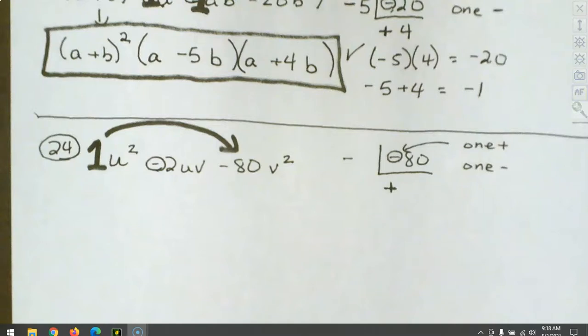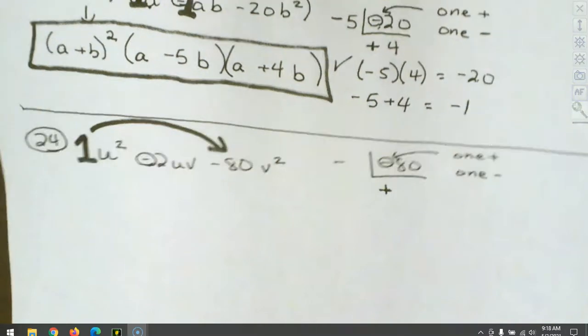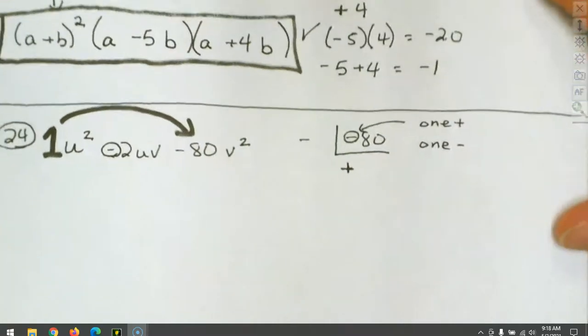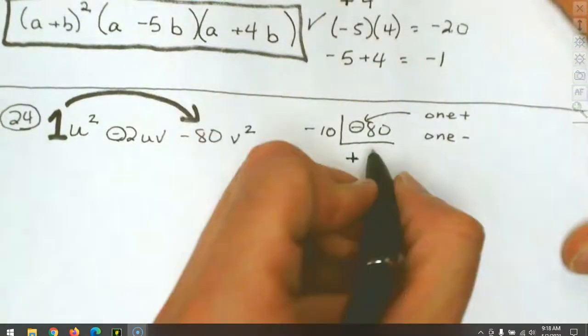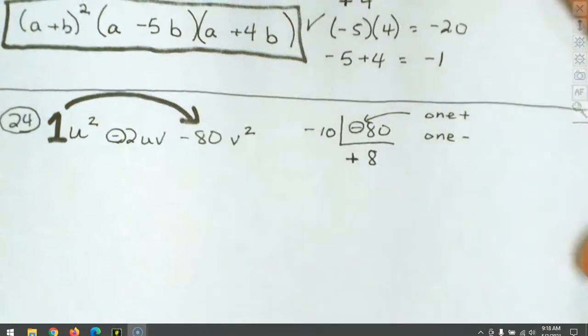So you would start with things like 5, 10, 15, and so on. Now, it ended in a 0, and I wanted that difference to be 2, so I could look at it, and I could say, well, let's start with a 10. So I could use a minus 10 and a positive 8.